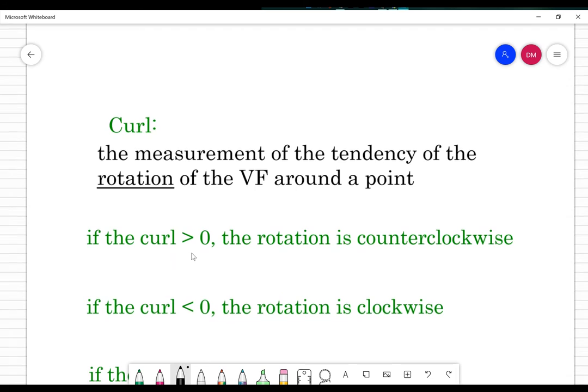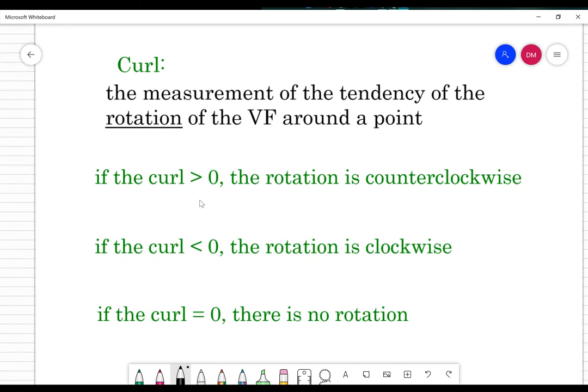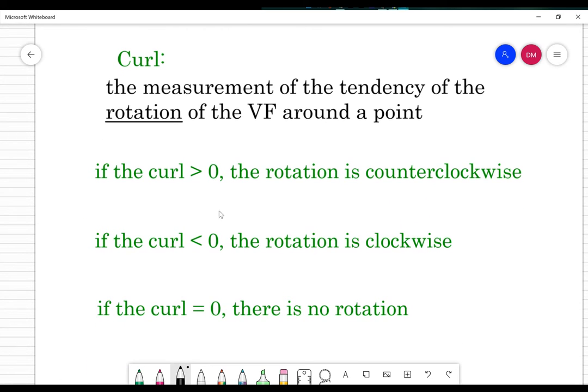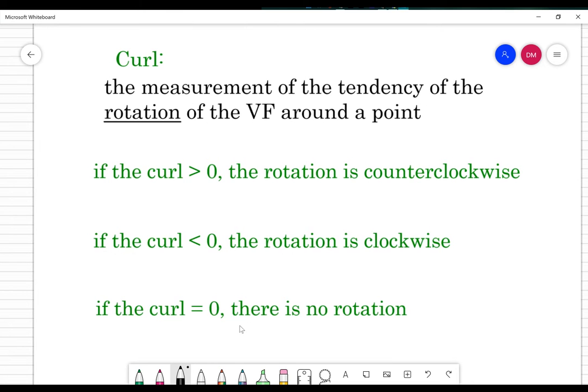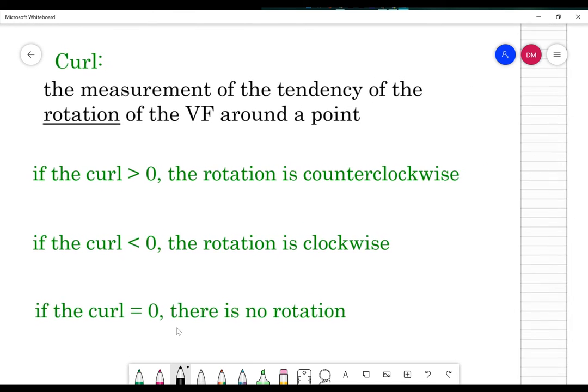And we look at that as being either counterclockwise, clockwise, or no rotation whatsoever. So if curl is greater than 0, rotation is counterclockwise. If curl is less than 0, rotation is clockwise. And if curl is equal to 0, there is no rotation whatsoever.